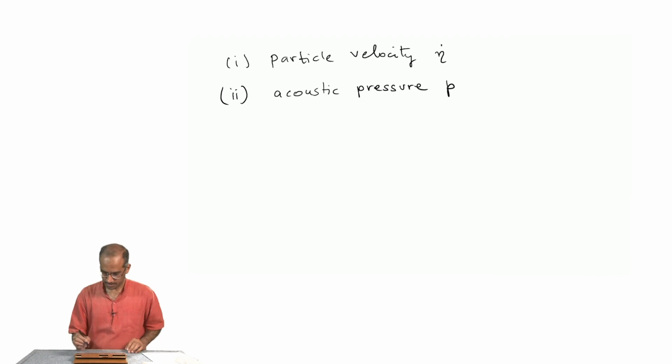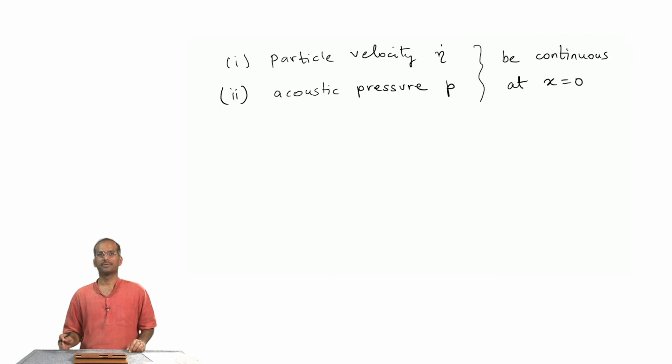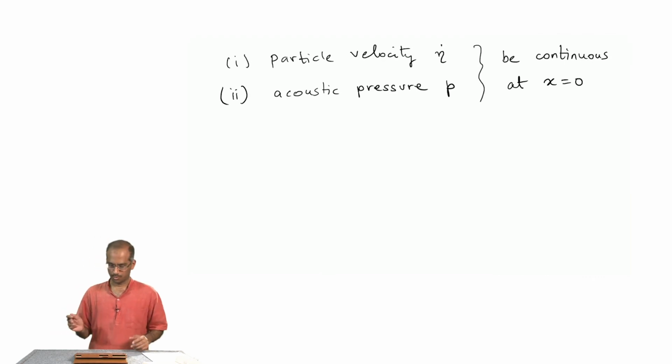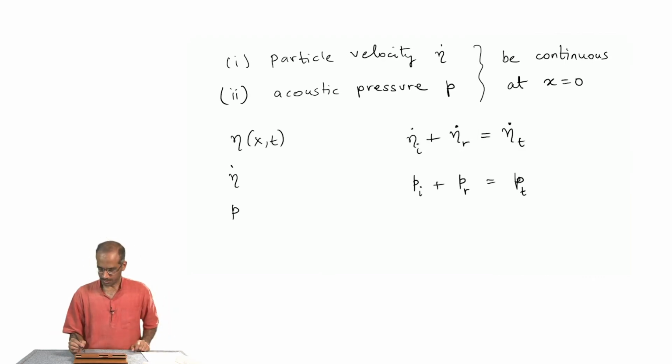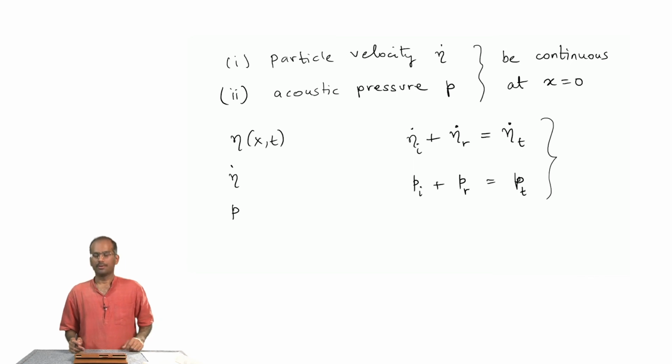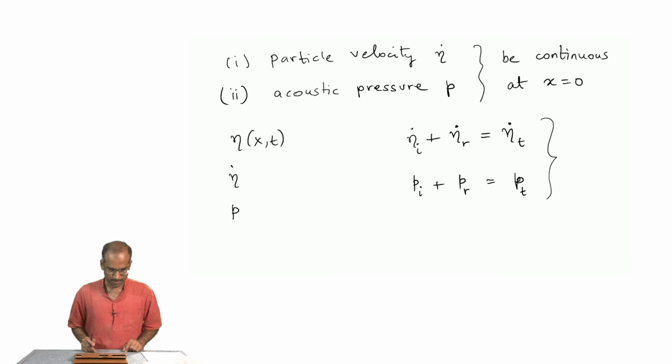Hence, we want that both these quantities be continuous at x equal to 0, which is the interface between the two media. So, this is one set of relations that you will get from implementing these boundary conditions.